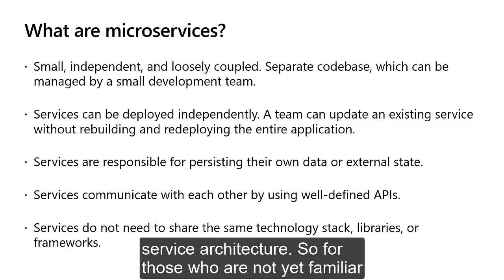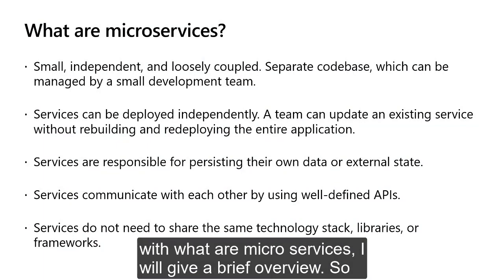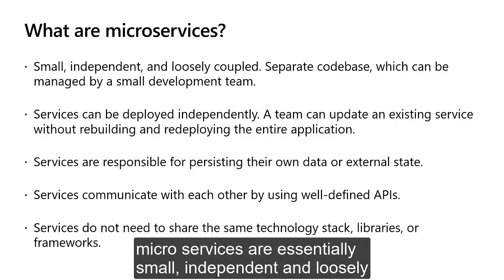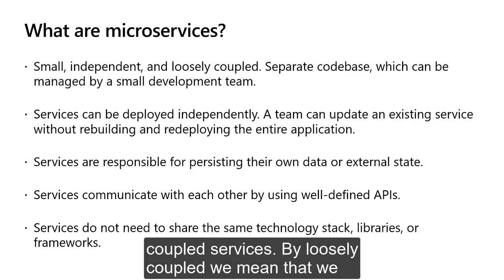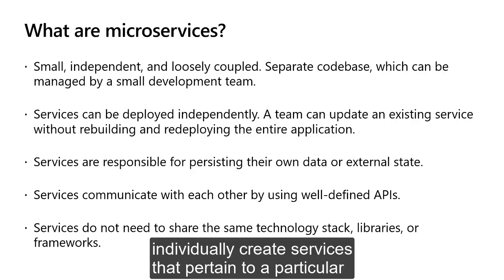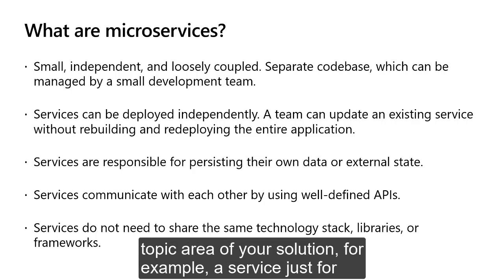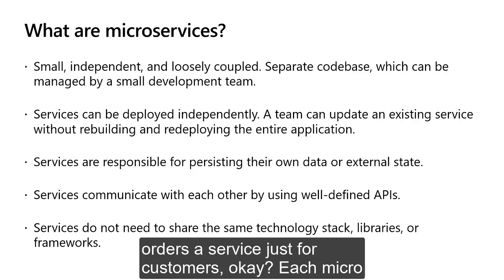So for those who are not yet familiar with what microservices are, I will give a brief overview. Microservices are essentially small, independent, and loosely coupled services. By loosely coupled, we mean that we individually create services that pertain to a particular topic area of your solution. For example, a service just for orders, a service just for customers.